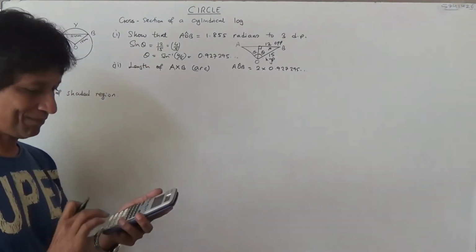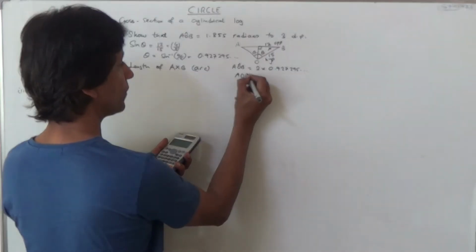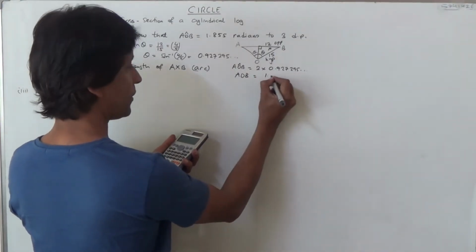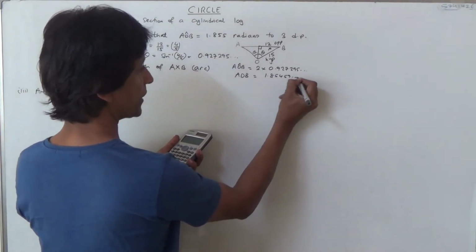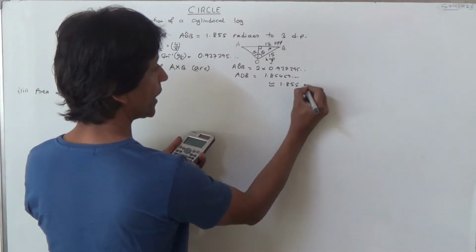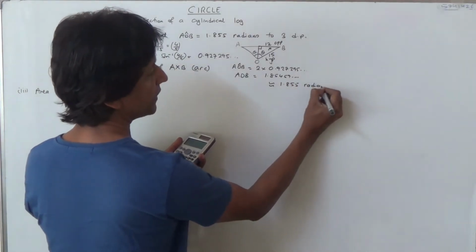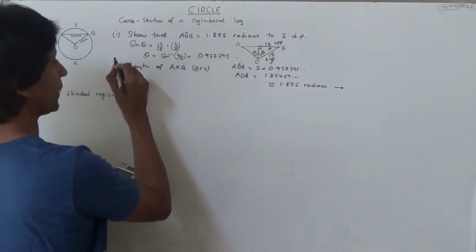Let's do that. So multiply this by 2, we get 1.85459, etc., and that's approximately 1.855 radians. And here we are, that's been shown for this one.